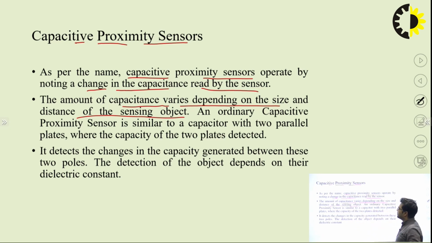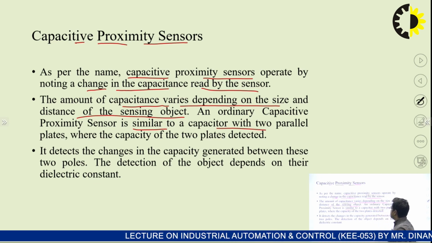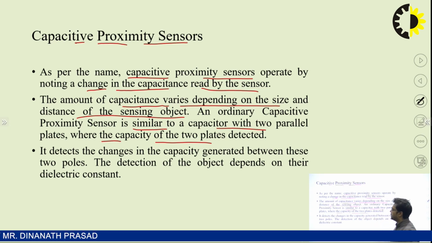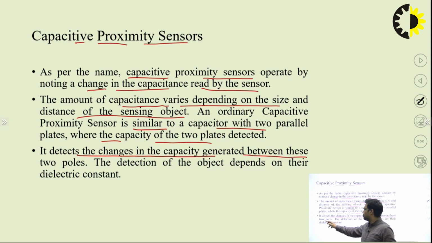An ordinary capacitive proximity sensor is similar to a capacitor, which has two parallel plates, and it detects the change in capacitance generated between these two plates.